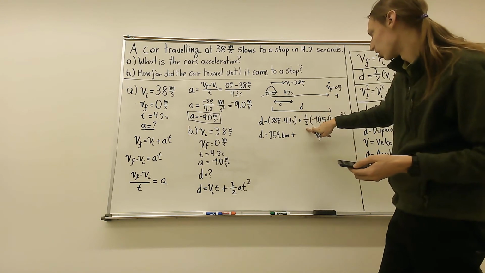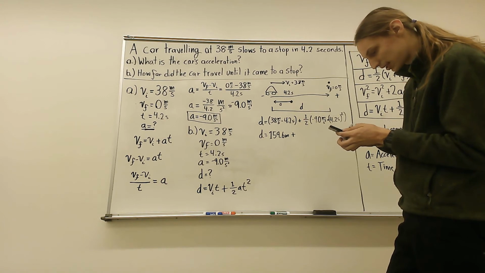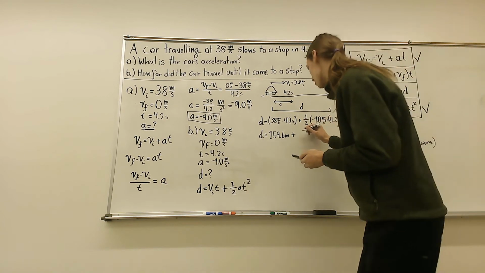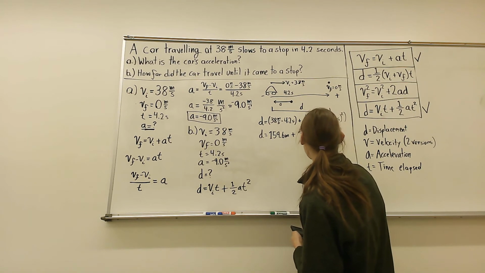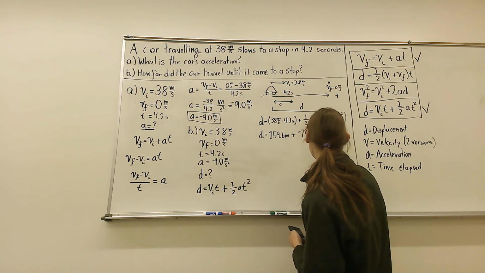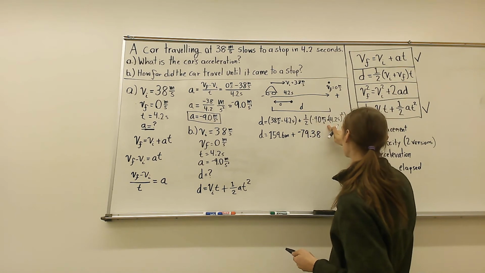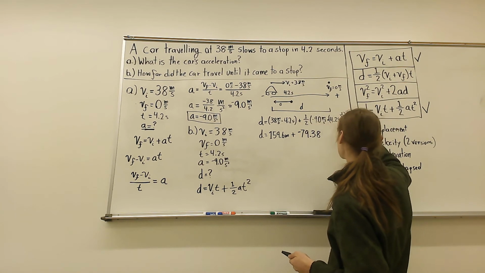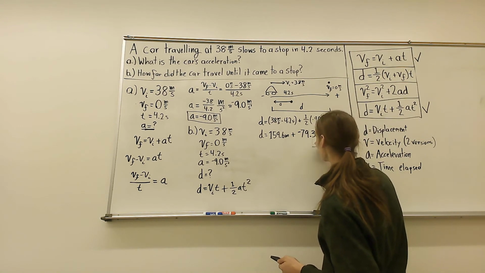Then we're going to multiply that by 1/2, so times 0.5. And that gives us negative 79.38. Now let's look at our units. We have meters per second squared, and then we have seconds squared. So the seconds squared cancel out, and we have meters.